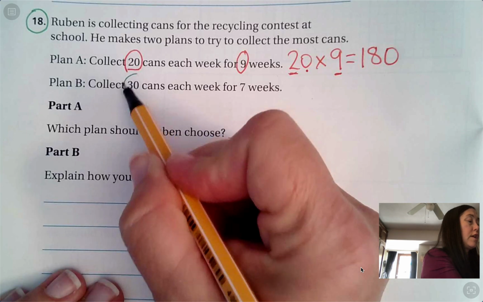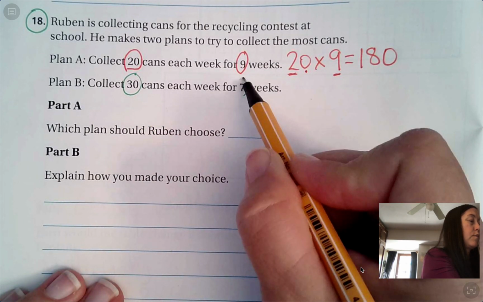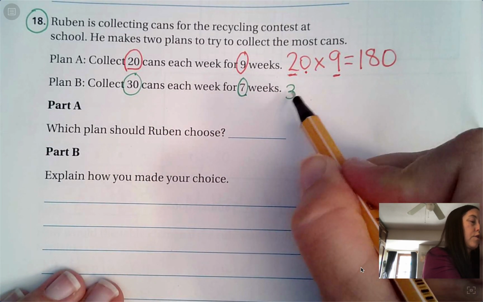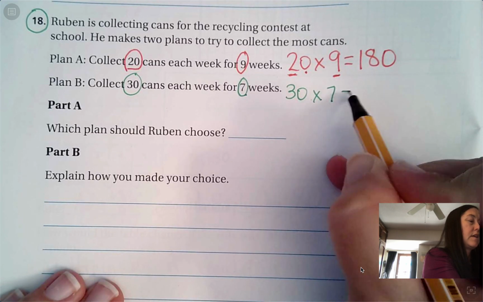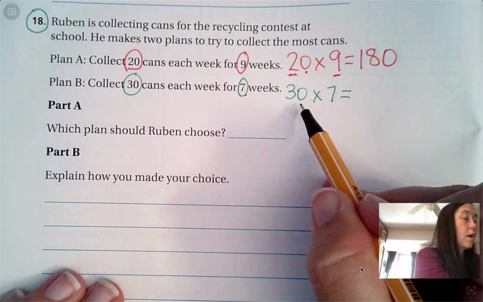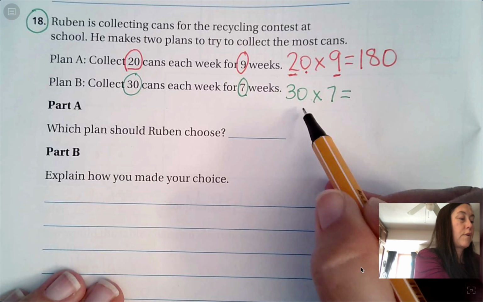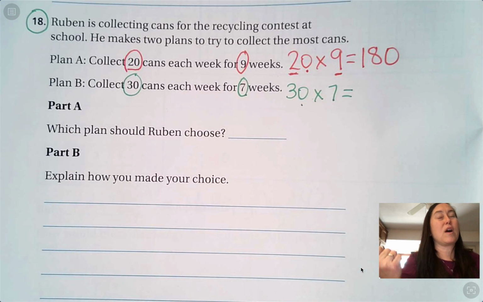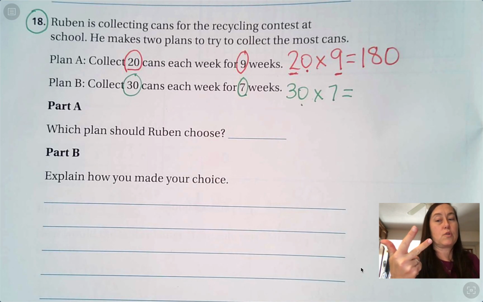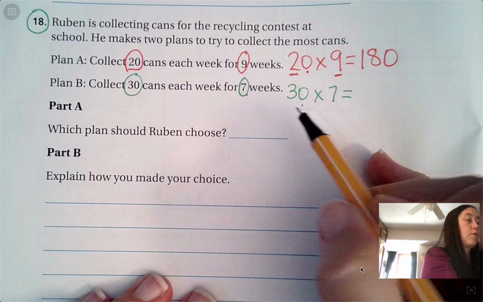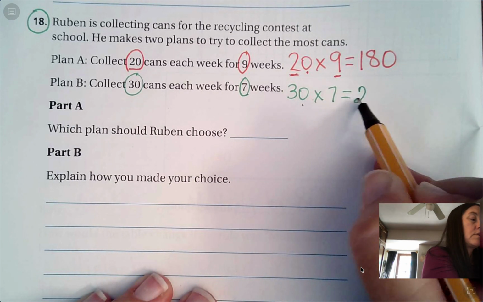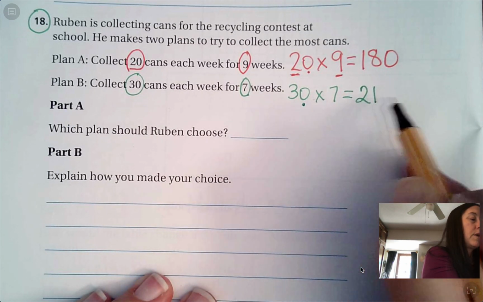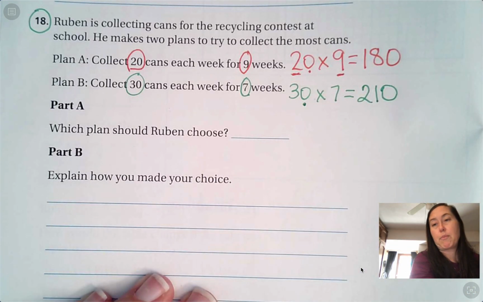Now, 30 cans for 7 weeks, 30 times 7, and I'm going to ignore the 0 for a minute, and I'm going to think 3 times 7. I know how to roll my 7s faster, so I'm going to flip it. 7, 14, 21. So 3 times 7 is the same as 7 times 3, which is 21, but stop ignoring the 0 and put it back, right?